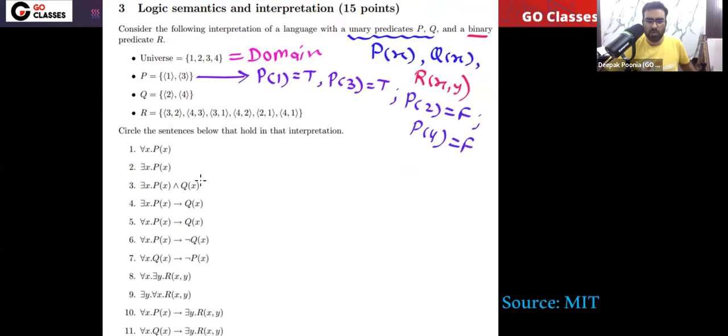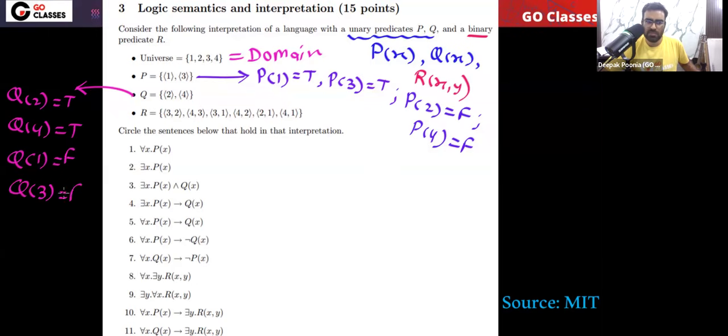This is what it means. I hope you understood. Similarly, q equal to 2, 4 simply means that q2 is true, q4 is true, q1, q3 false. This is what it means.